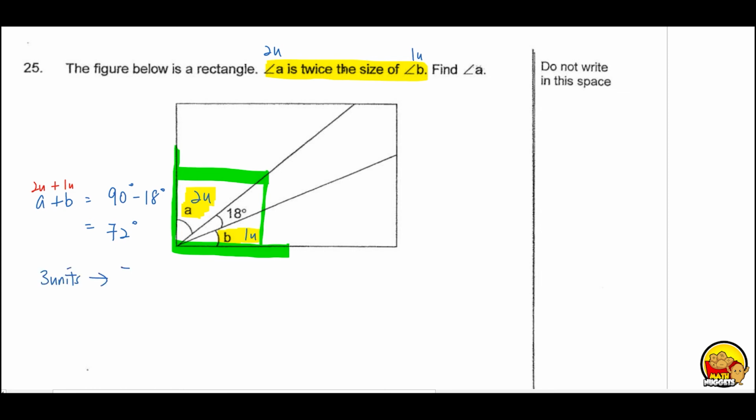So 3 units is 72 degrees. 1 unit would be 72 divided by 3, which is 24 degrees. And we're trying to find angle A, which is 2 units. 24 degrees times 2, 48 degrees. That's the answer for angle A.